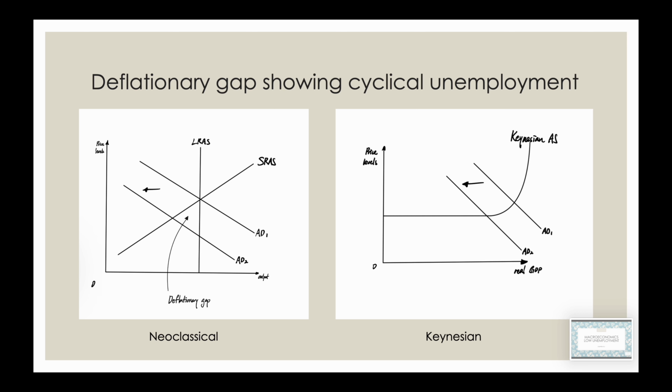There are two ways to draw these, the neoclassical way and the Keynesian way. Both ways do not actually show the number or quantity of people who are becoming unemployed, but bear in mind that AD1 shifting to AD2, the unemployment created by that shift, is the cyclical unemployment quantity.